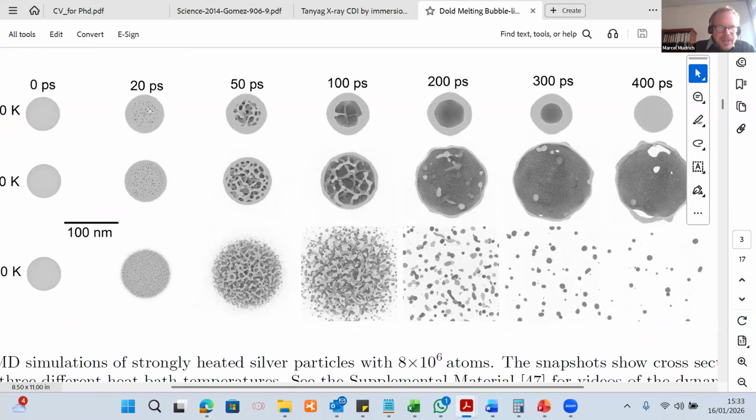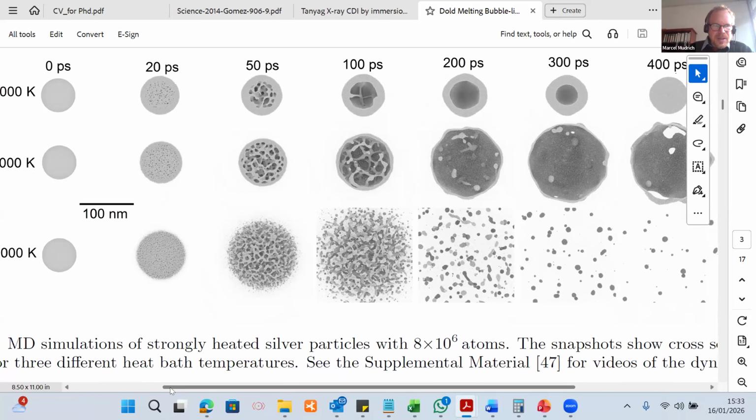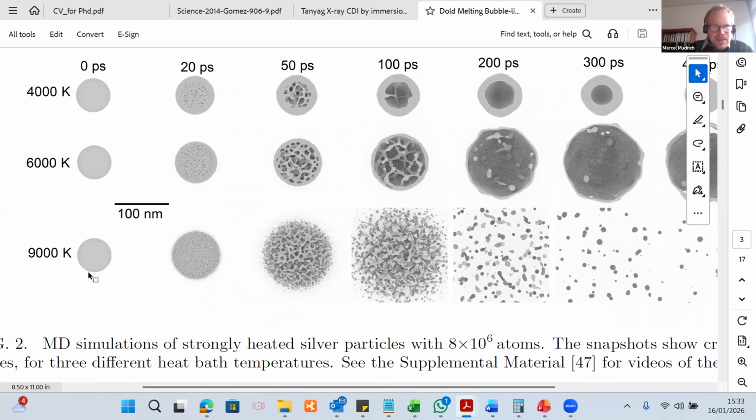Then depending on how much you heat it, it forms this nano cavity, which can then collapse again and disappear after 400 picoseconds, or it continues boiling and growing, producing these hollow spheres. Or of course, if the intensity is very high and it gets heated up to 9,000 Kelvin, then the system completely blows up in fragments.